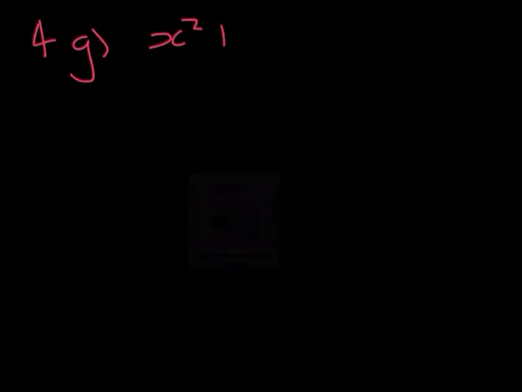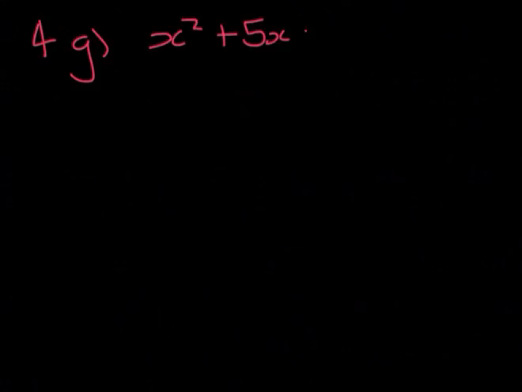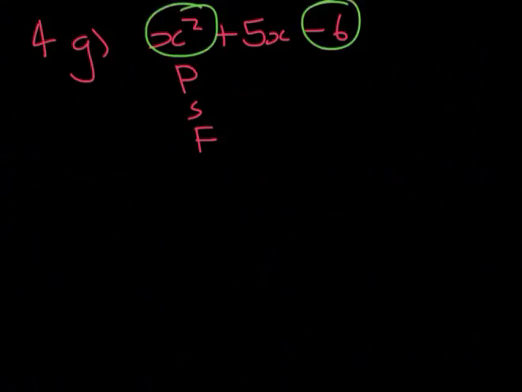But we're going to do 4g, and if we look at 4g, we've got x squared plus 5x minus 6. Okay, same process, we go P, S and F. The product is going to be of x squared and minus 6, so the product is going to give us minus 6x squared. The sum is going to be plus 5x, so we'll put 5x there.